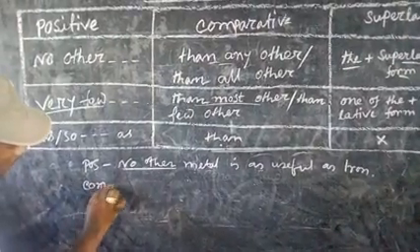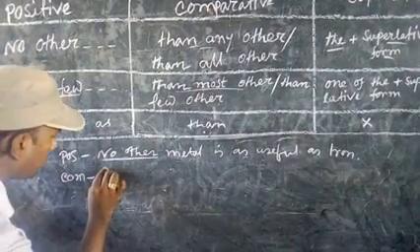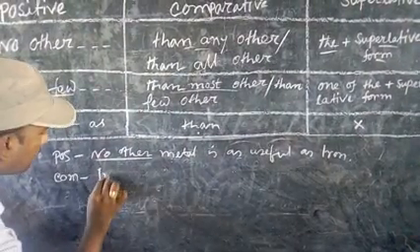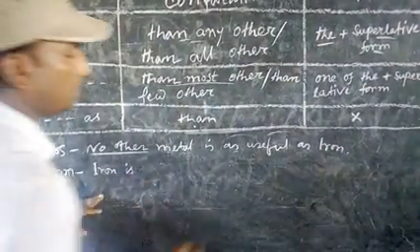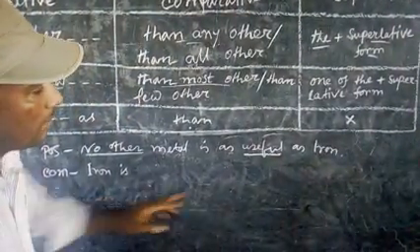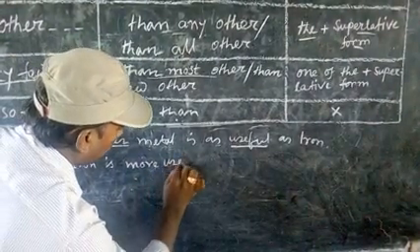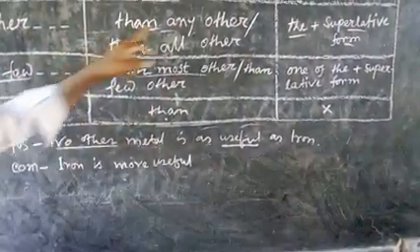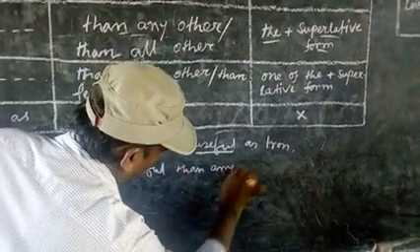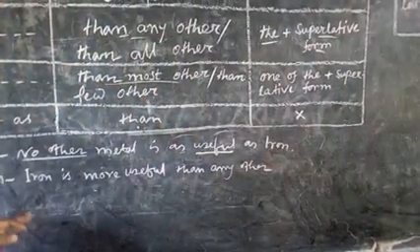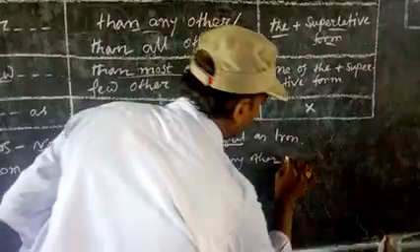If we make it comparative, at first we have to write the subject of this sentence, iron, then the verb is, then the comparative form of this positive word, more useful, than any other, and at last after no other, before the verb part, metal.